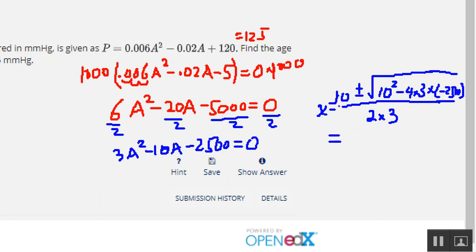Now, no shortcuts. Just use your calculator and get these, or you can type this in decimals. So that's what you are going to do to find this age. So this is my interpretation for this problem. So that's the hint.